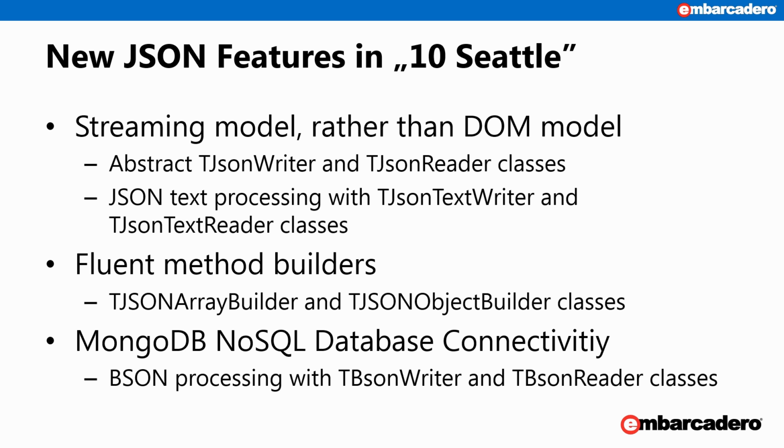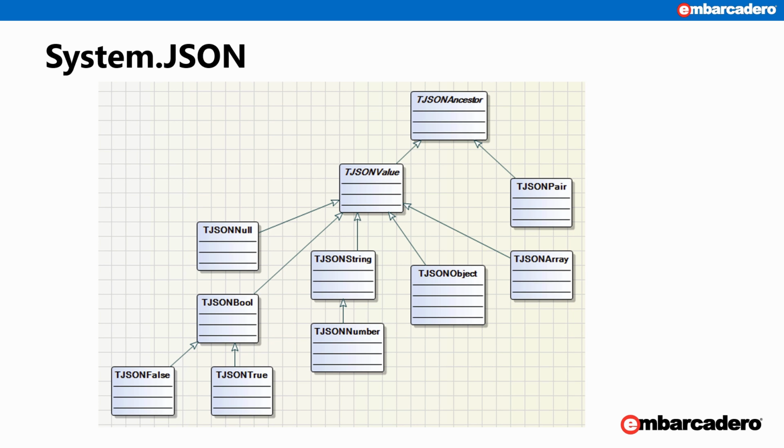Also, there is a new format for working with JSON, the binary JSON or BSON, which is specific to working with MongoDB, a NoSQL database that uses BSON as its internal data format for performance reasons, because working with binary JSON can be more performant than working with its text representation.